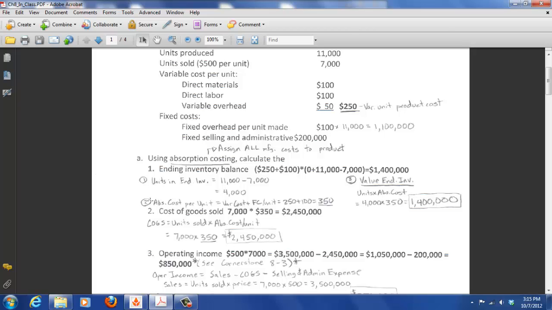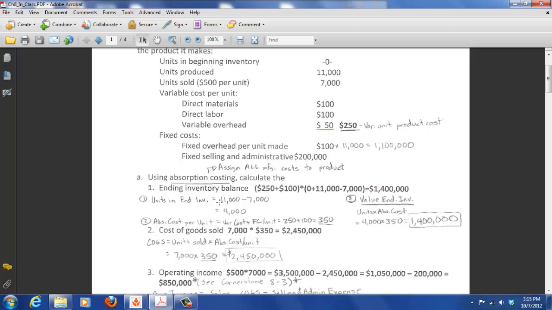In step 2, we also want to calculate the absorption cost per unit. This includes both the variable and the fixed costs. So that's going to include all the variable costs, which if we add up 100 plus 100 plus 50, we see that it's $250 per unit.